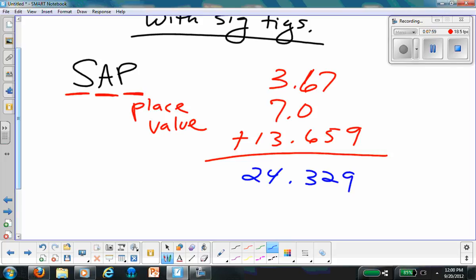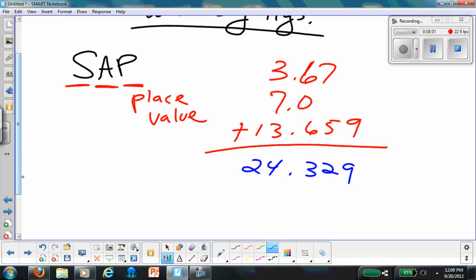Now the rule will be this. It's all about place value. You're going to go from left to right, starting from the largest place value, working your way down. You're going to stop at the last place value that they all have in common. For example, they all have the ones. No problem. They all have tenths.